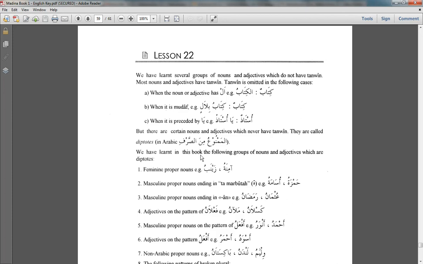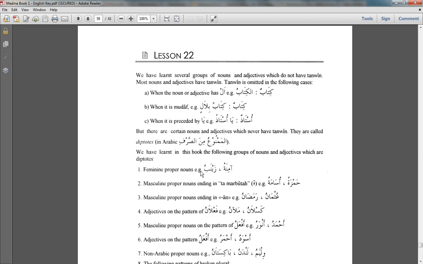We have learned in this book the following groups of nouns and adjectives which are diptoads. Feminine proper nouns. If you were to go into a book of Nahu in detail, you'll find that there are reasons that happens. Two reasons are being combined into this noun, which results in it becoming a diptoad.